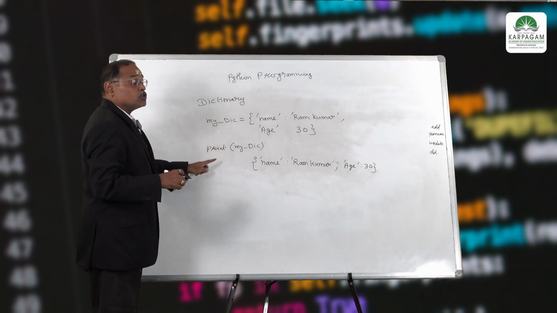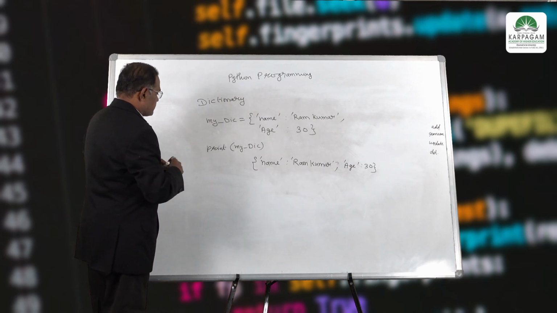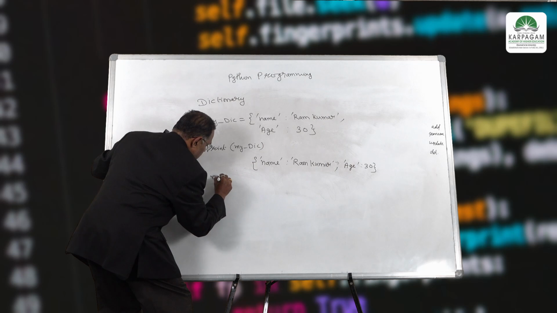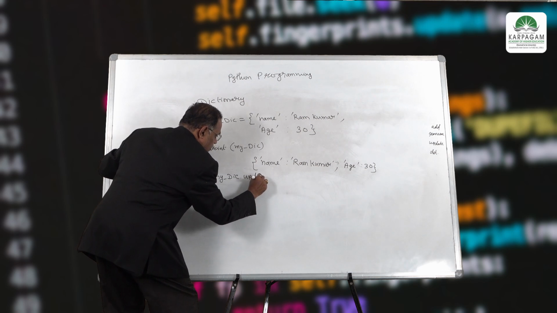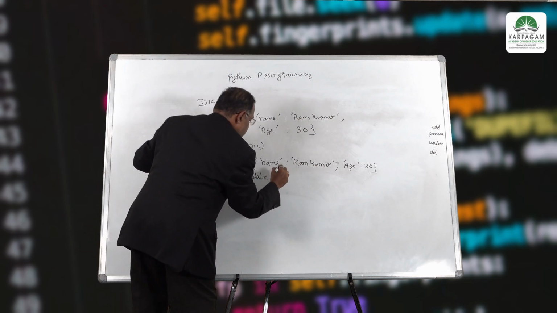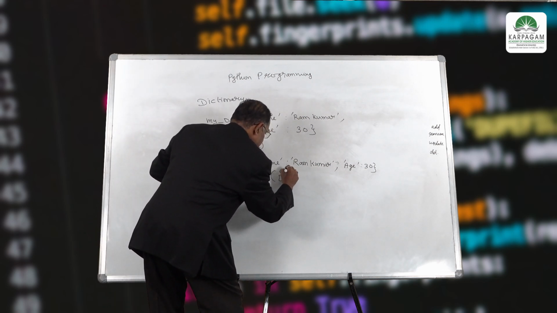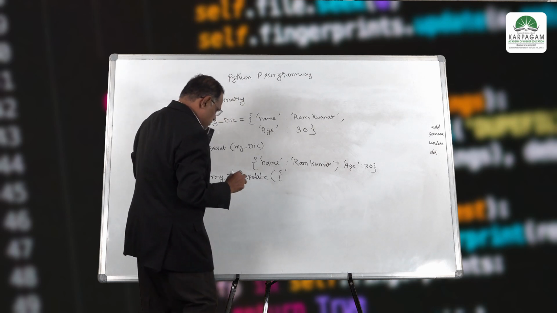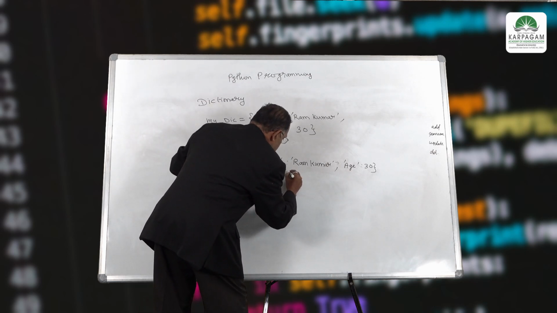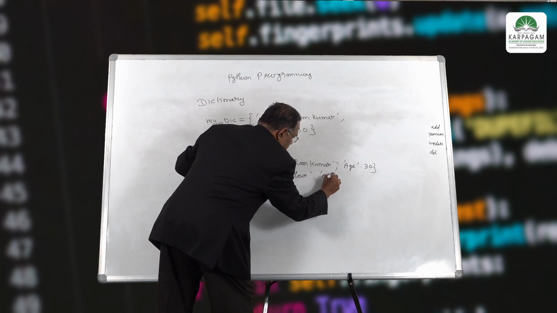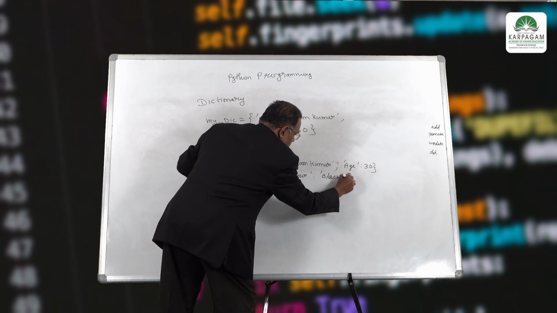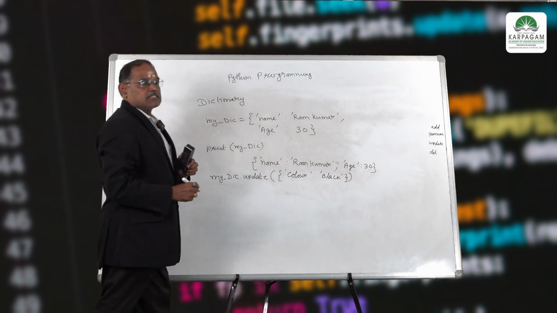Now, if I want to update this dict, update of curly braces, then color, black. Color is black.